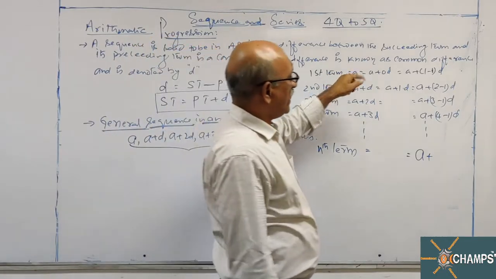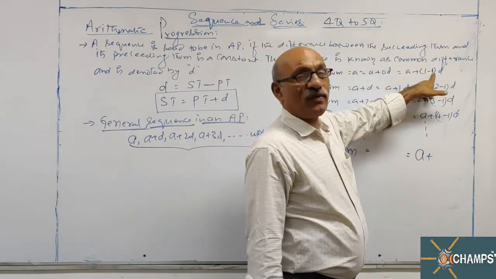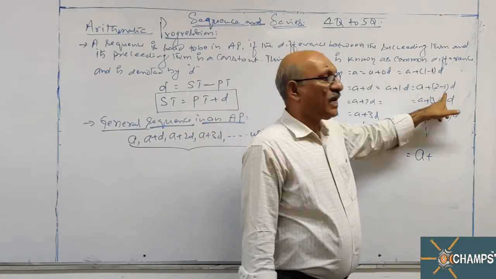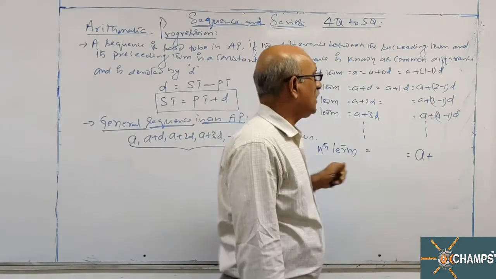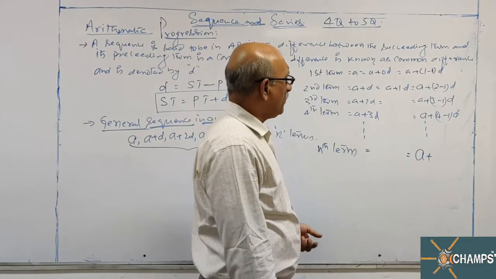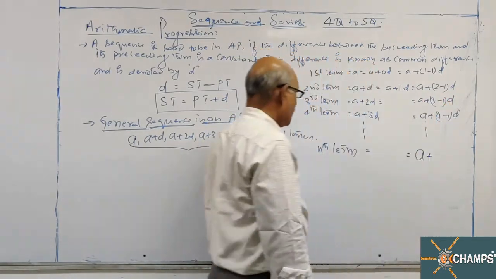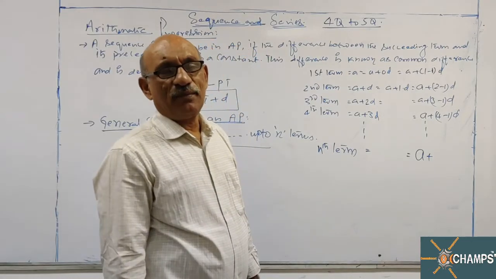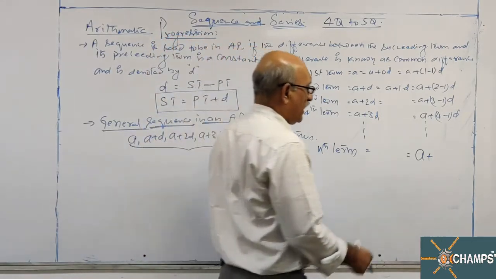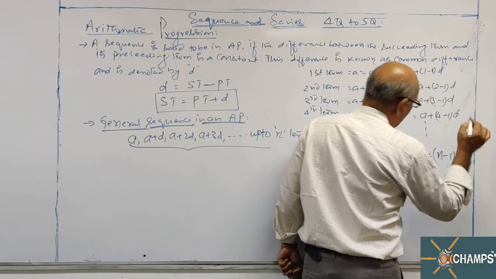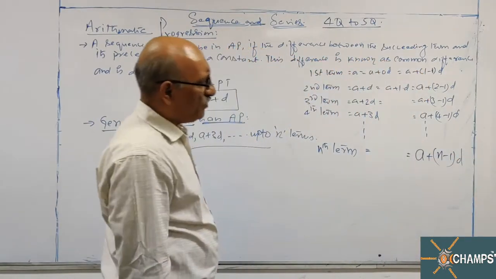If it is a first term, it is written as 1 minus 1 into d. If it is a second term, it is written as 2 minus 1 into d. If it is a third term, it is written as 3 minus 1 into d. If it is a fourth term, it is written as 4 minus 1 into d. Similarly, if it is an nth term, it is written as n minus 1 into d.